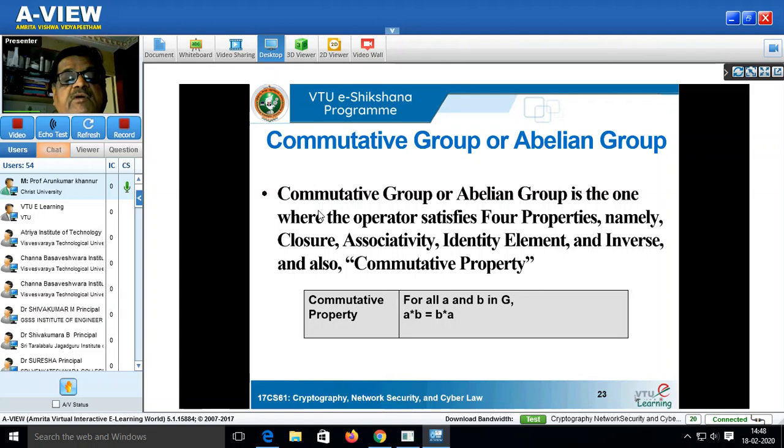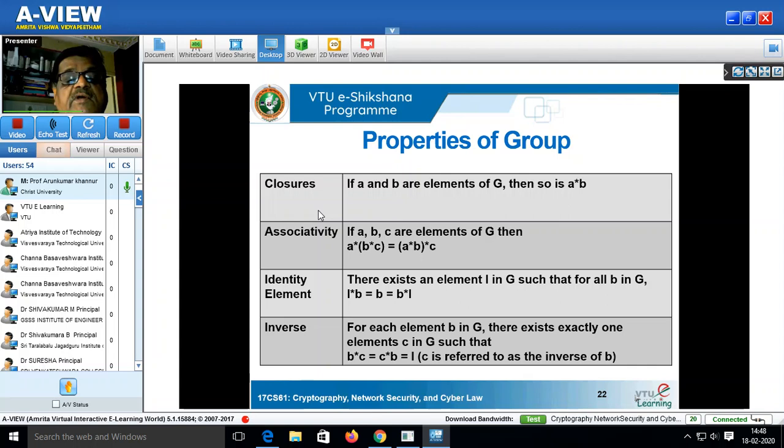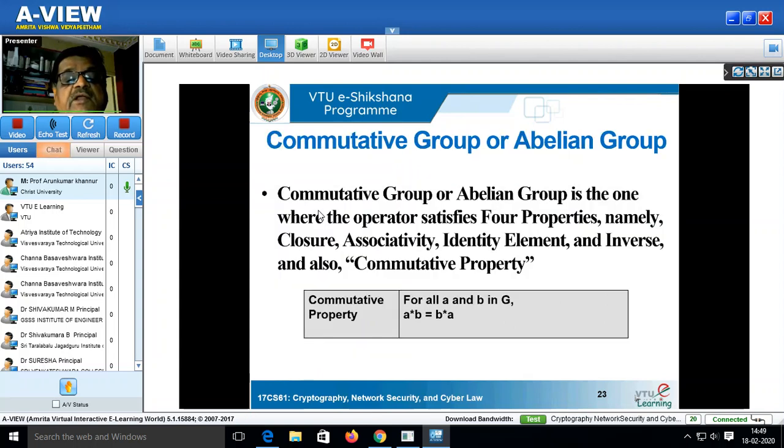So to say a particular group and to say what is the category of it, these properties play a very crucial role.